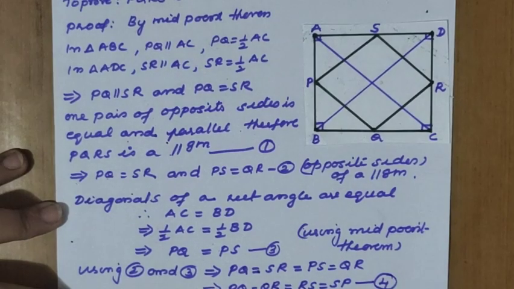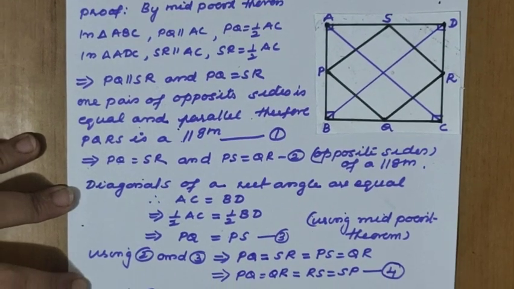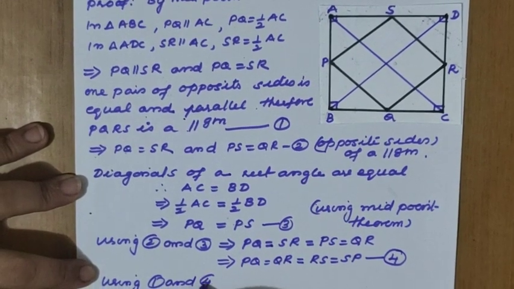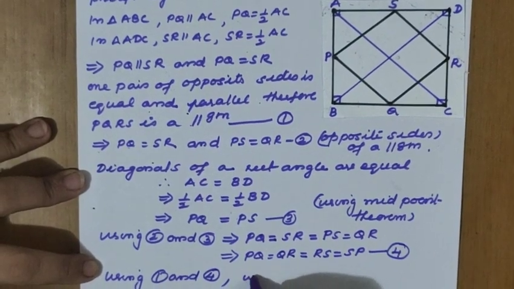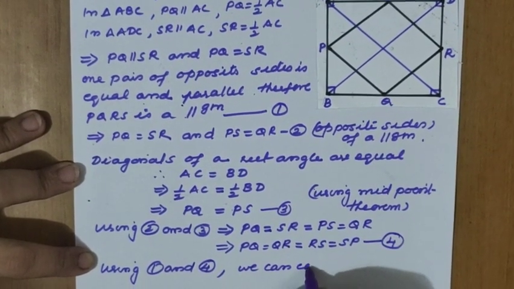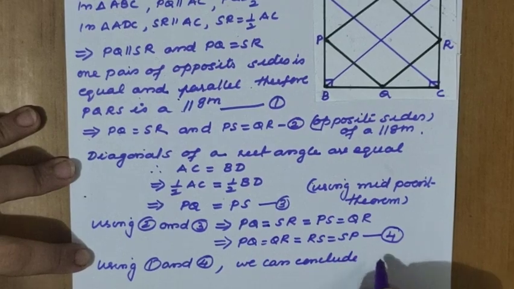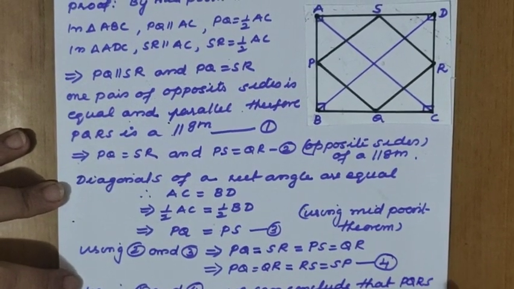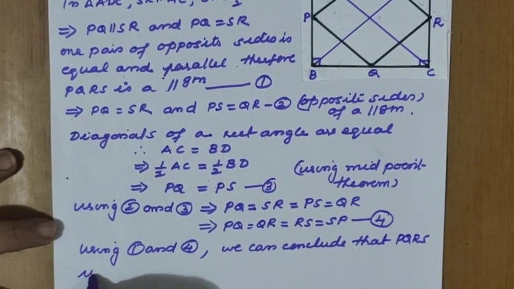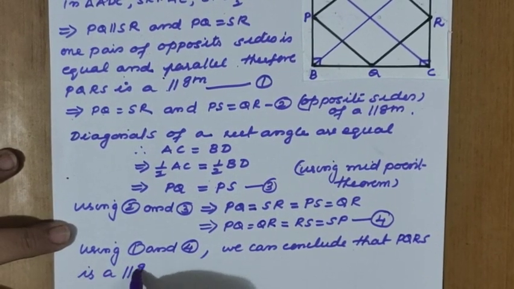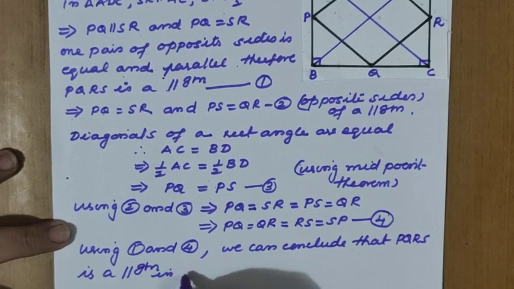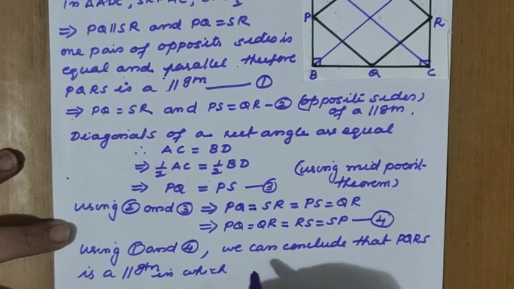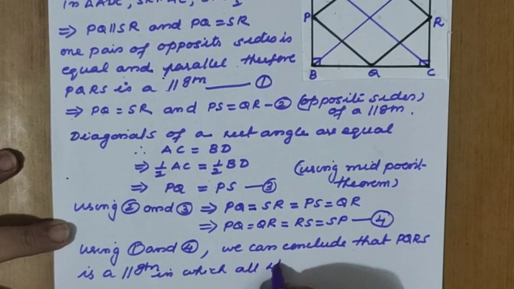Equation number 4. So using 1 and 4, what is the conclusion? We can conclude that PQRS is a parallelogram in which all four sides are equal.